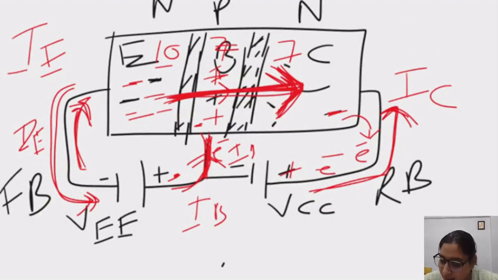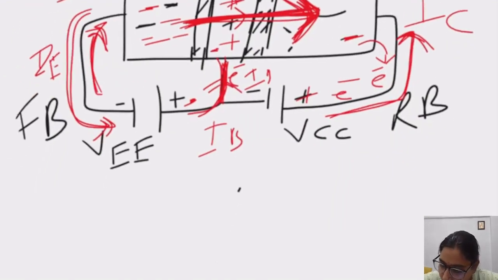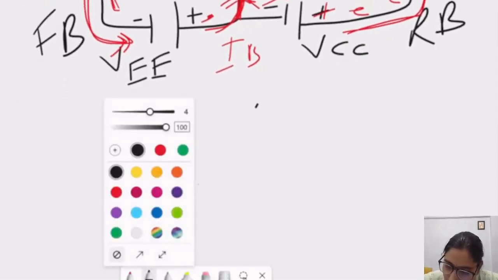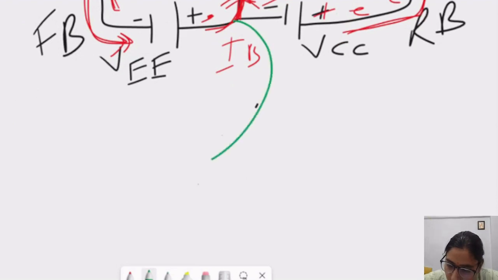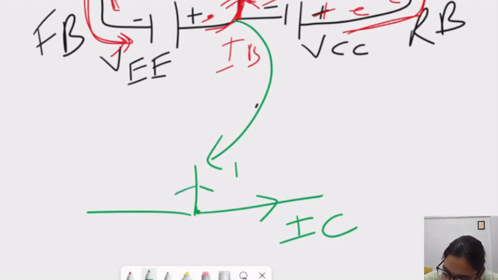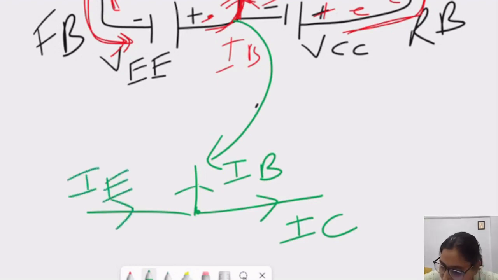Now let us discuss the current in more detail. I am showing this node here. This is our node. This is our base current, this is collector, this is emitter, and this is collector current. This collector current is flowing in this direction. This is our base current flowing in this direction, IB, and this is our emitter current flowing in this direction.